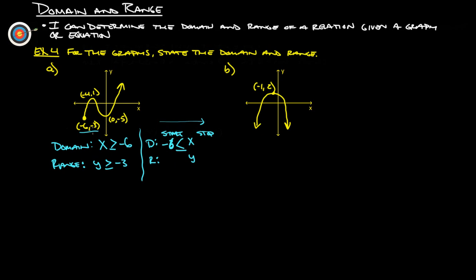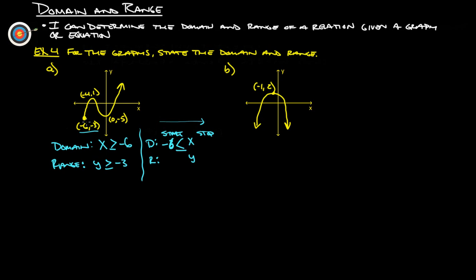You can do the same thing with the y. Where does this thing start? As we're going left to right, that really is still just its furthest most left point. That's still where it's going to start here.